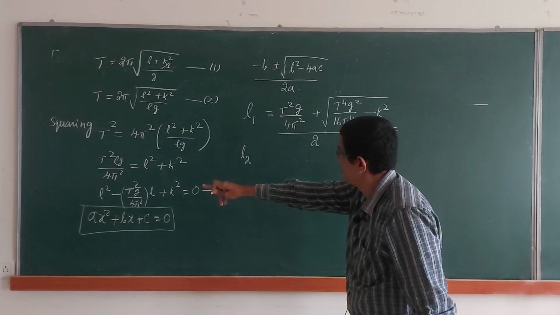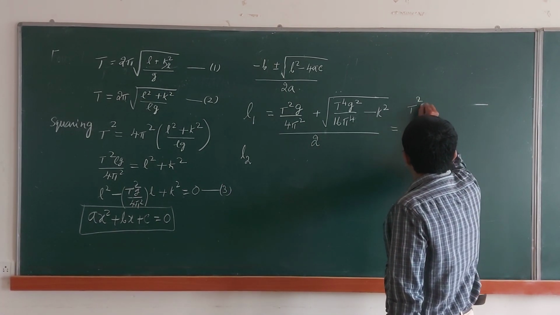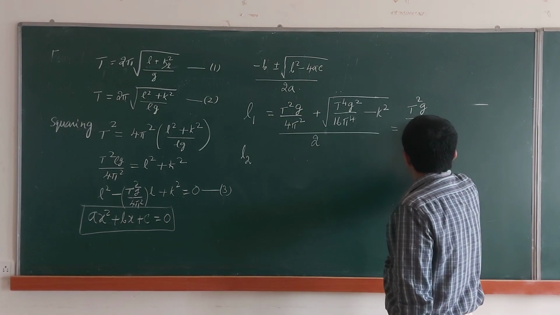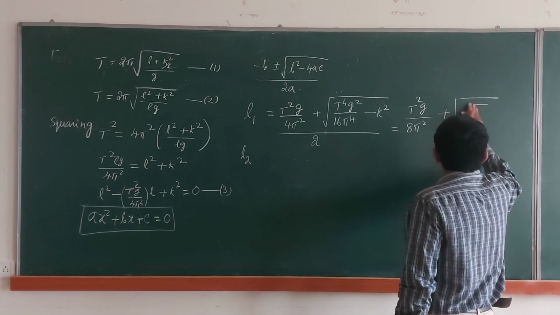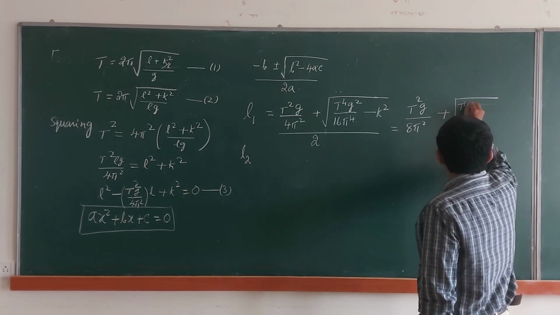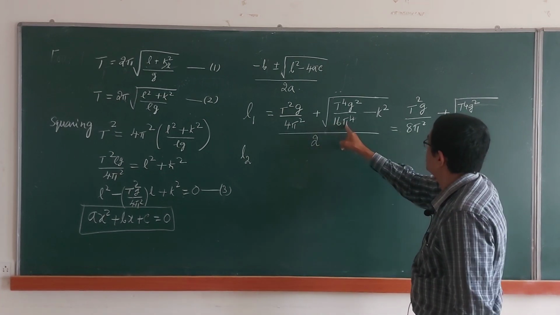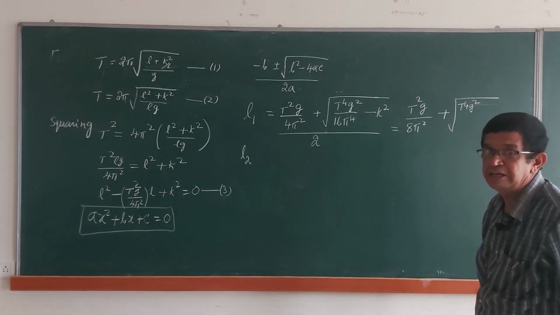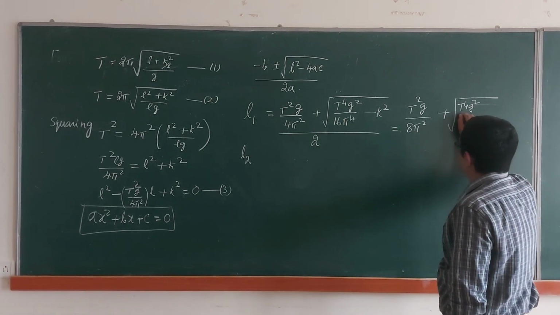A value anyway is equal to 1, and therefore L1 can be written as T square G by 8 pi square plus square root of T to the power 4 G square, and this 2 goes inside the square root, and that becomes 4 into 16, that is equal to 64.